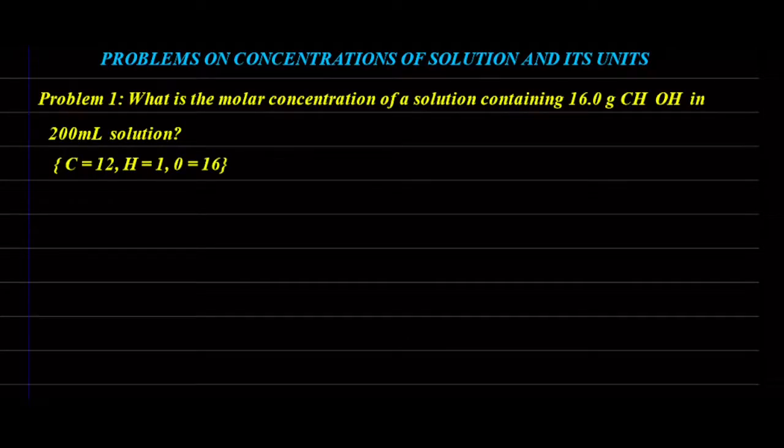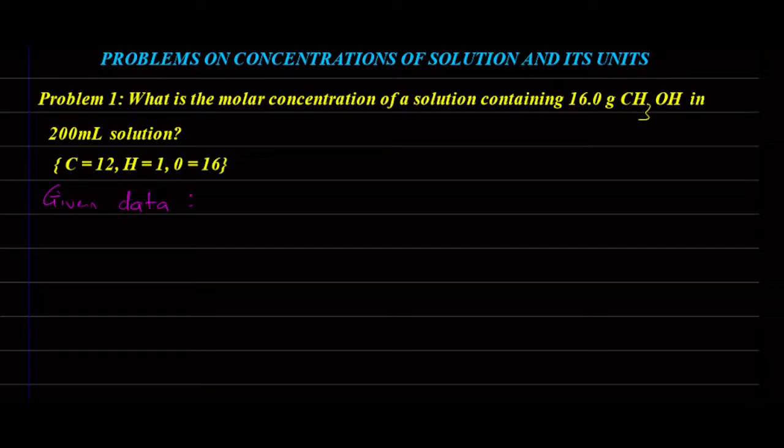You can see on the screen we have the first question that says, what is the molar concentration of a solution containing 16.0 gram CH3OH in 200 mL solution? For us to be able to solve this, let's write out our parameters that we are given.